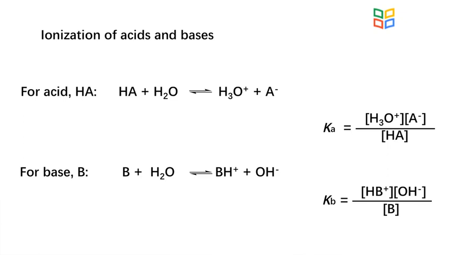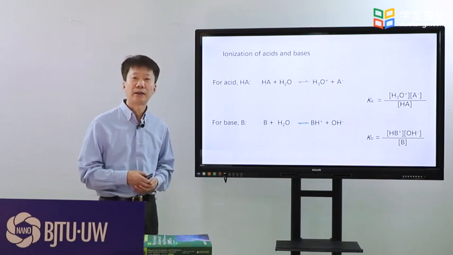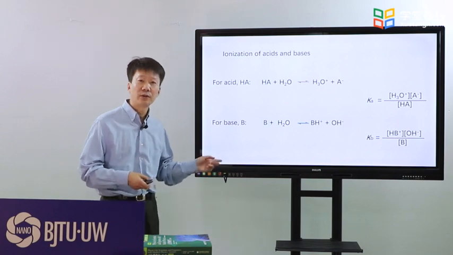The ionization or dissociation of acid and base is a process of protonation or deprotonation. For an acid, denoted with HA, HA reacts with water, or say, protonates the water molecule to produce a hydronium ion and an A- ion, as shown in the equation.